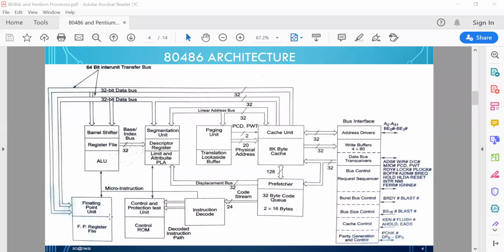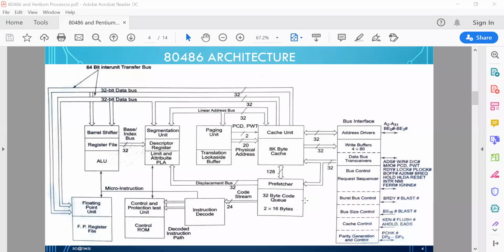It also has the bus interface, which is connected to the external system bus, the on-chip cache, and the prefetcher unit.